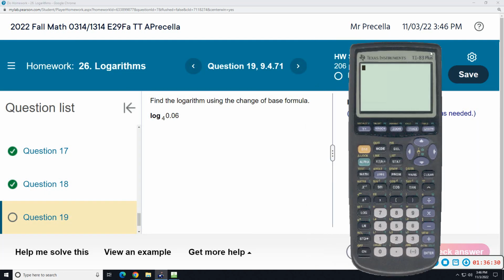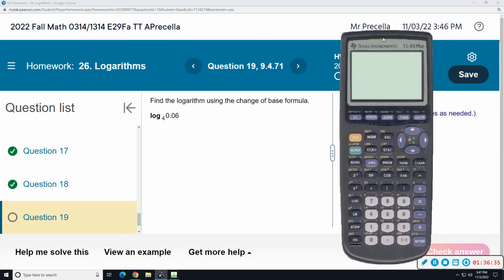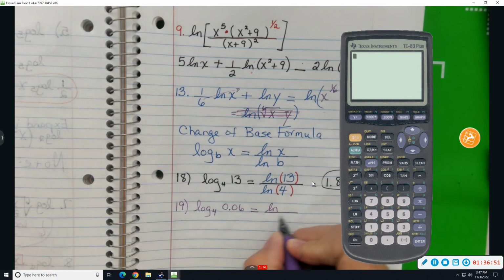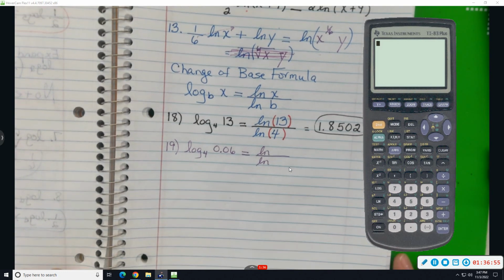Oh, another one. Same type of problem. Log base 4 again. That base could be any positive number other than 1, so it's just a coincidence that 18 and 19 had subscripts of 4. I hadn't even noticed that. So it's going to be ln over ln.